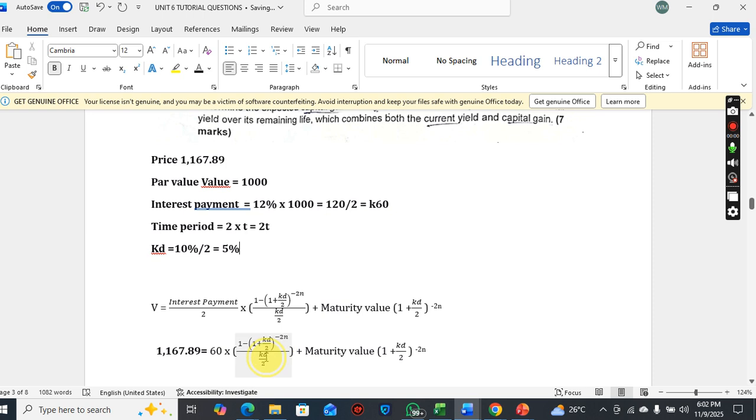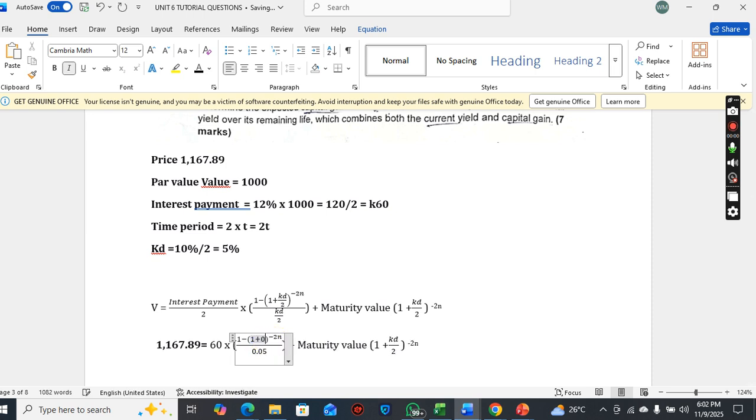So cost of debt here 0.05. Maturity value 1000. KD here 0.05.